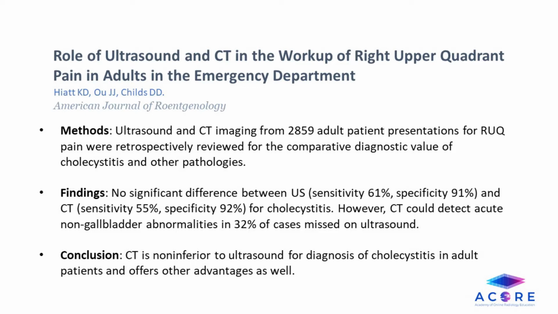There was no significant difference found between ultrasound and CT for cholecystitis, but CT was found to detect acute non-gallbladder pathologies in 32% of cases that were missed on ultrasound, whereas the reverse was not true. CT was therefore concluded to be non-inferior to ultrasound for the diagnosis of cholecystitis in adult patients and was found to offer other advantages as well.